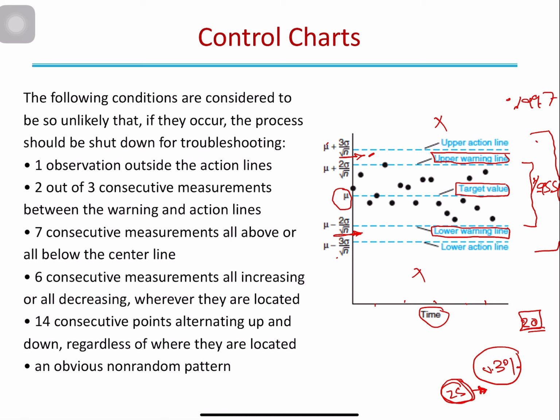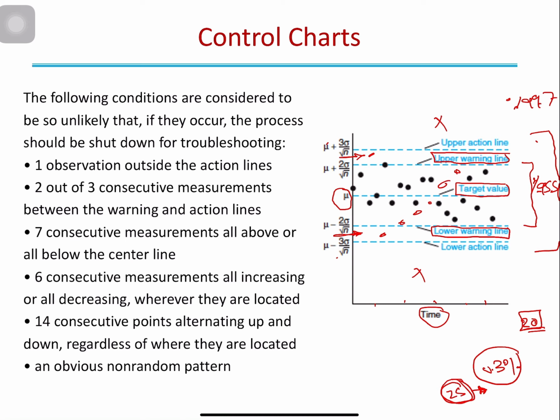Also, if you have 6 consecutive measurements that are all increasing or decreasing, regardless of where they are, for example values like 1, 2, 3 all increasing, or decreasing on the other side, this is not random. There is a continuous increase in the value.